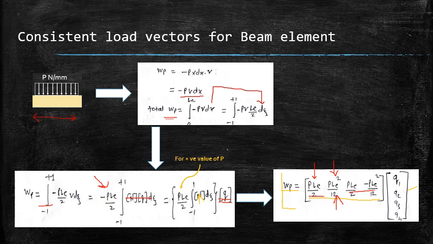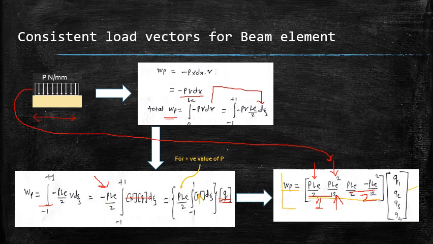In fact, these first two terms are designated for local node 1 of the beam element, and these last two terms are specific to local node number 2. So force, moment. This is the composition of this vector. So ultimately what we have done, we have broken down this UDL, or rather I say we have changed this UDL into nodal forces.